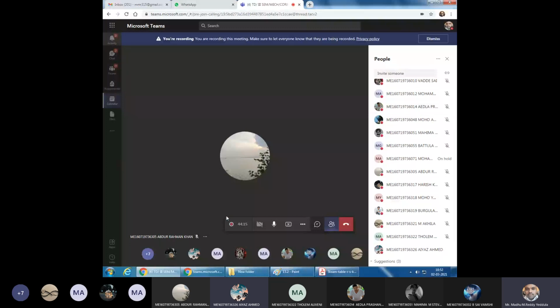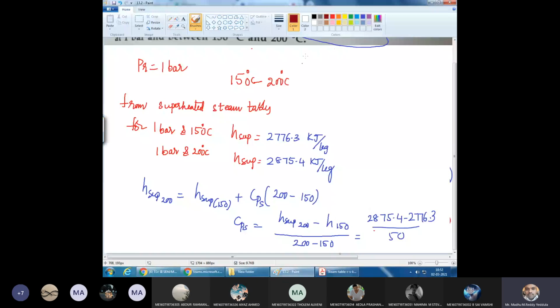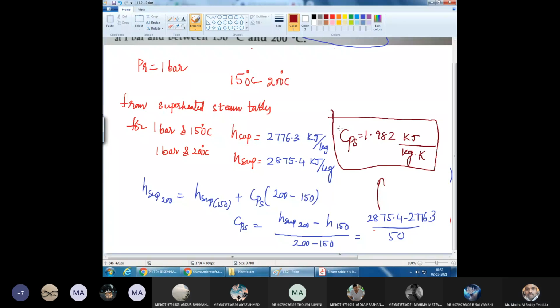1.982, sir. 1.982. Yes. So this value equals 1.982. What are the units? Tell me. Specific heat: in the numerator we have kilojoules per kg and in the denominator we have Kelvin. So therefore, the mean specific heat is 1.982 kilojoules per kg Kelvin.